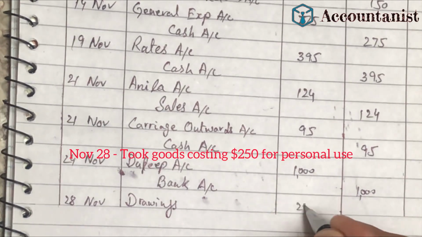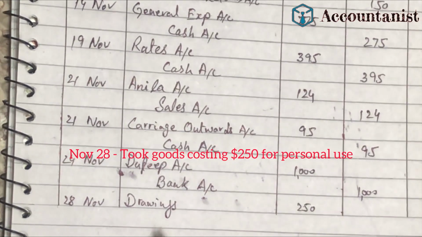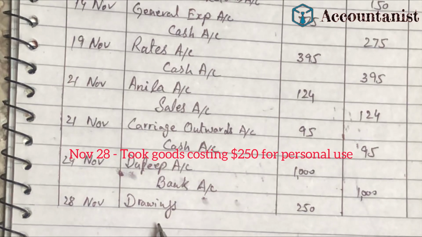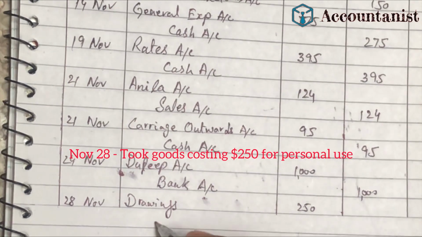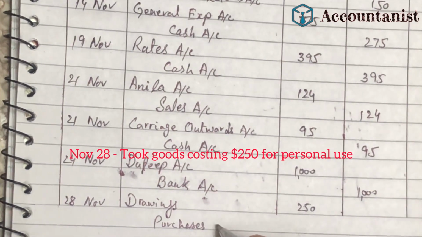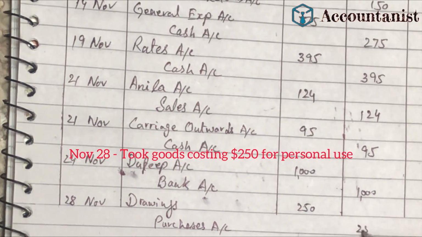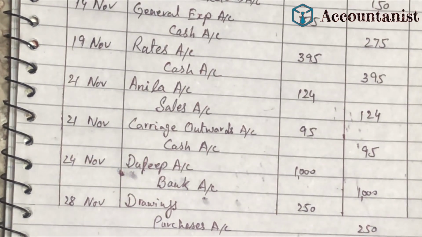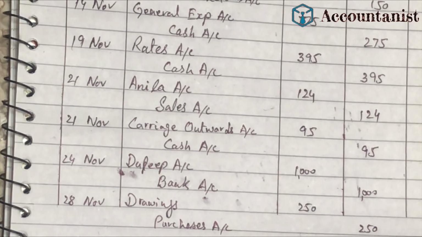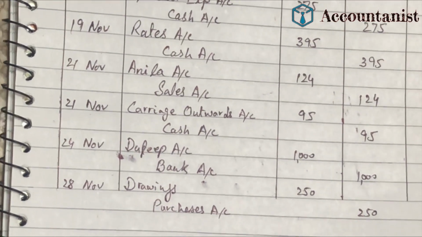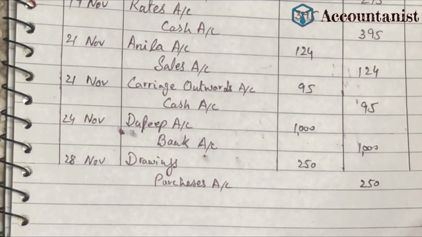So we'll write down on the debit side, and the amount is $250, in which we took goods for personal use. We credit the purchases account. That's the only transaction in which we record purchases on the credit side. Apart from that, we do not record purchases on the credit side.